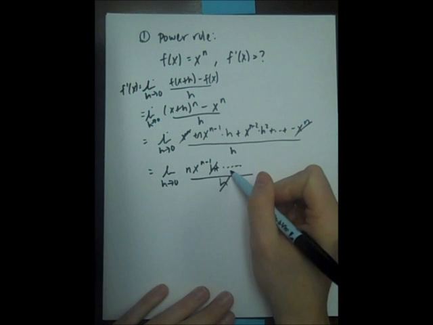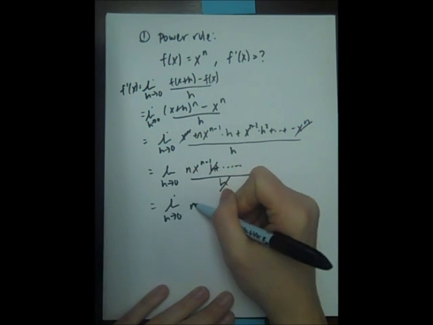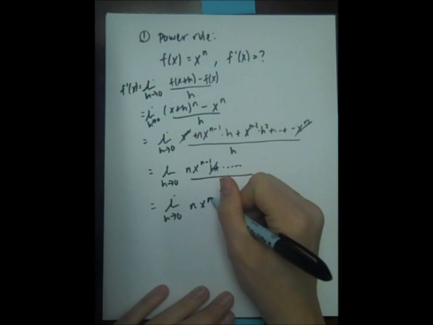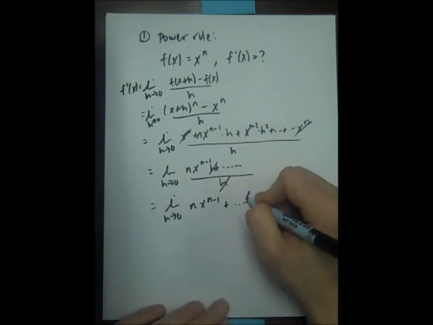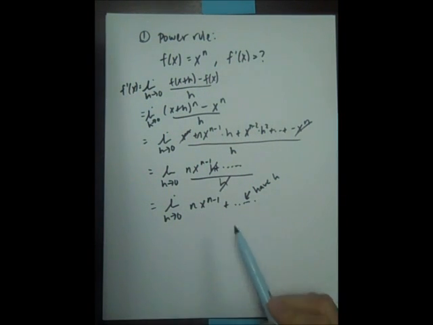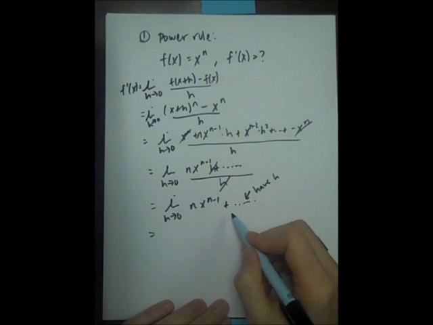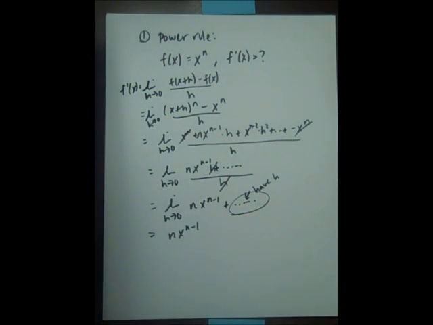So these h's will cancel along with everything else. So I'm going to take out an h from every term. So I get n x to the n minus 1 plus a bunch of other things that have h in them. So all of these have an h. Whenever I go to plug in h equals 0, what happens? All of these terms go to 0. So the only one I'm left with is n times x to the n minus 1.